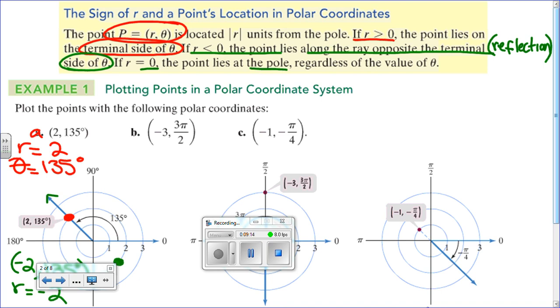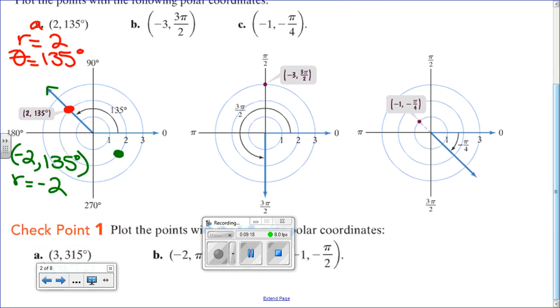All right, so let's graph part B now. First, we're going to identify the angle. You can see it here already. We start here at the positive x-axis, which we should call the polar axis. And then we go 3 pi over 2, which is here. What is that in degrees? 270.